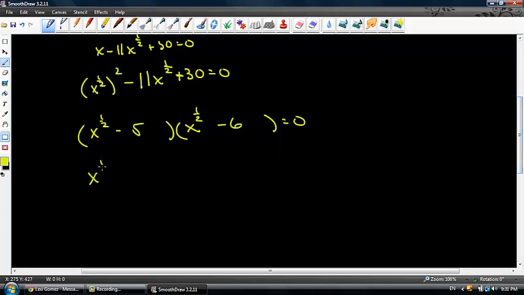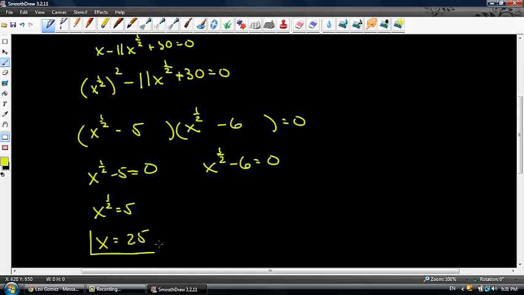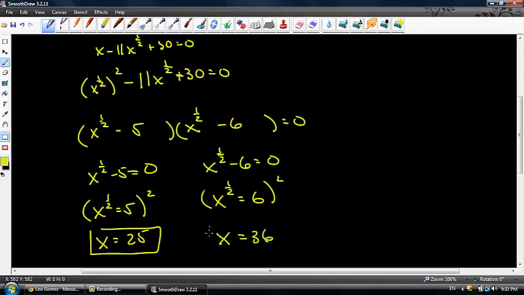Okay, so x to the 1/2 minus 5 equals 0. x to the 1/2 minus 6 equals 0. So x to the 1/2 equals 5. x equals 25. I just square both sides here. x to the 1/2 equals 6. I'm going to square both sides, so I get x equals 36.